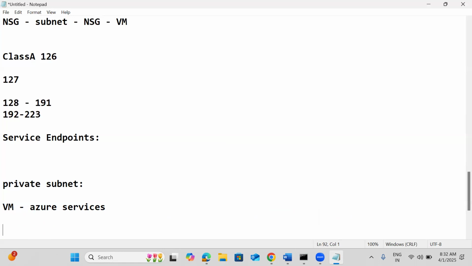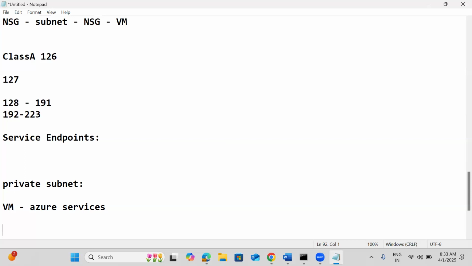In the backend, Azure provides a private connection from that VM to communicate with any of the Azure PaaS-based services, such as Azure storage. I have some data in my file share, blob storage, table, queue or database that I want to communicate with, and I don't want to give public access for those. Still they want to communicate. So what is the solution we have?